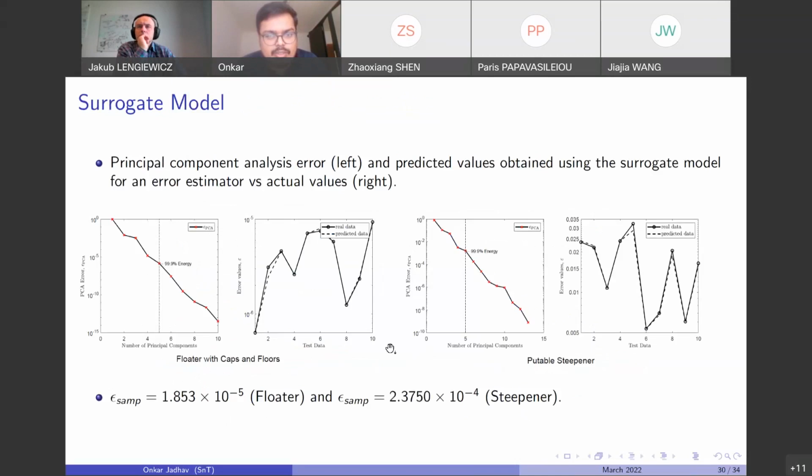In this talk, I have used the principal component regression technique to build my surrogate model, which I have constructed with 5 principal components, as they comprise almost 99.9% of the energy. You can see that my surrogate model is working quite well, as the real data and predicted data are within good approximation.